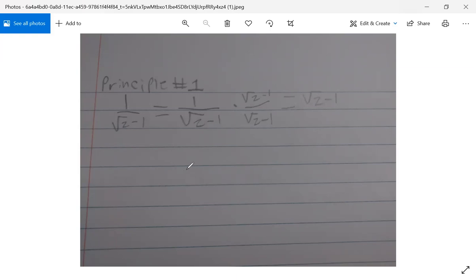In fact, this step he did, I will not judge it wrong because he did use principle number 1. So on this step, I'm going to give him 1 point for using principle number 1.